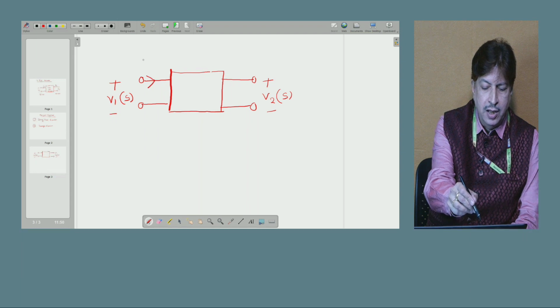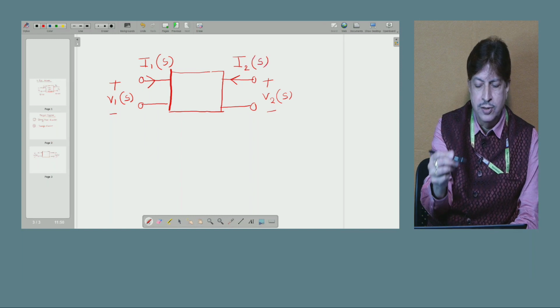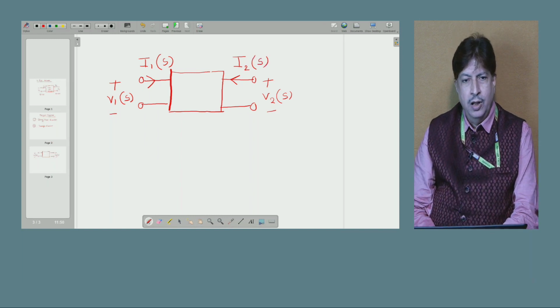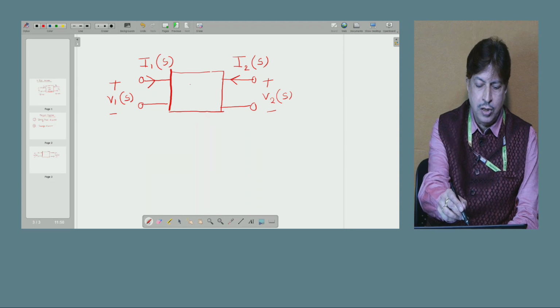Similarly, I1(s) and I2(s), they are Laplace transformations of port currents. Now let us define clearly what are all various driving point functions for this particular two-port network.